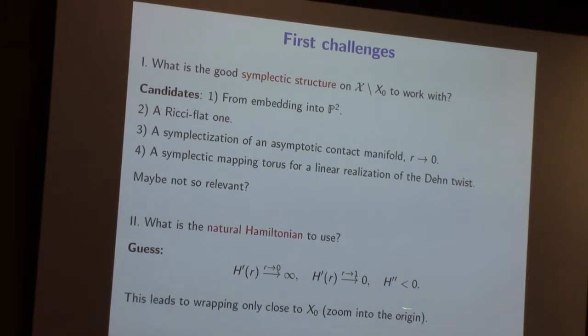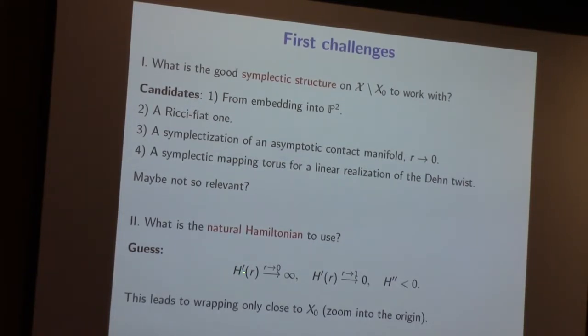So after discussions with Mohammed and thinking more about it, I think a natural choice would be a convex, or maybe concave function, depending on your terminology, Hamiltonian, depending only on the radius, the distance from the origin in the usual polar coordinates on your unit disk.